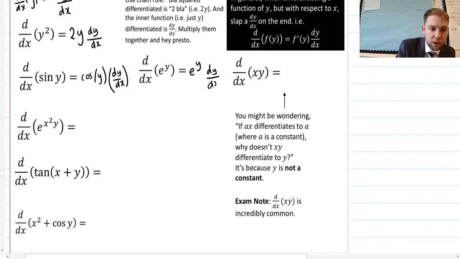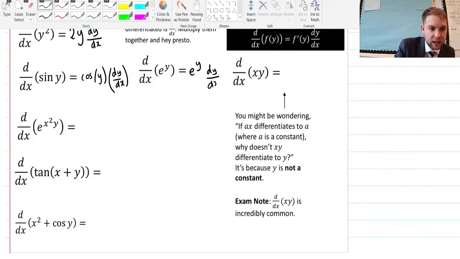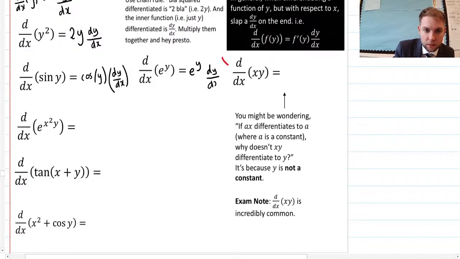So these ones were the chain rule. We'll notice now this one here is a little bit different. We've got two things which are multiplied together. So with this one here, we actually need to use the product rule.